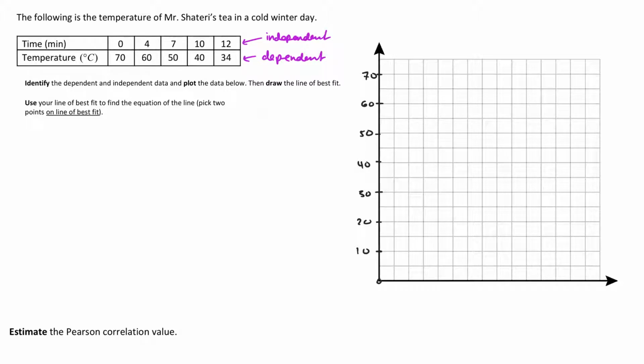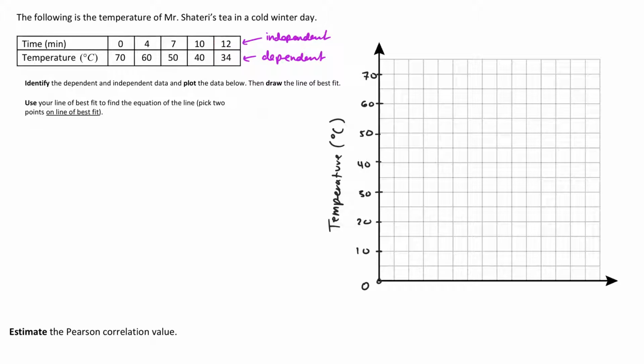We'll label this as 0, and I will label the y-axis as temperature, and put my unit as degrees Celsius. And on the x-axis where the time goes, there's also 15 tick marks, and our minimum value is 0 and our maximum is 12.